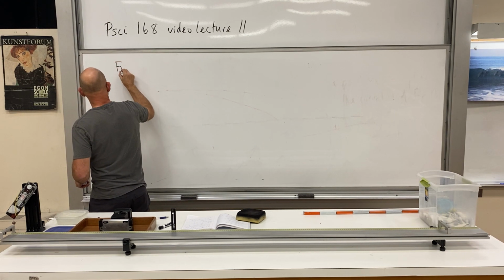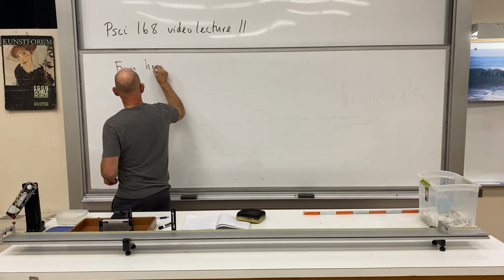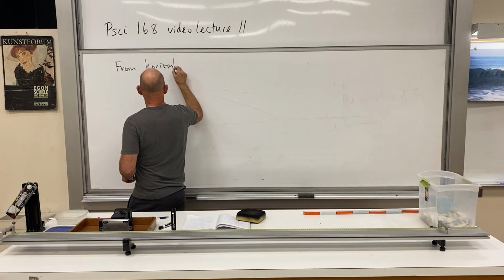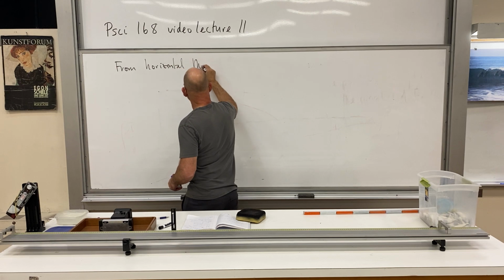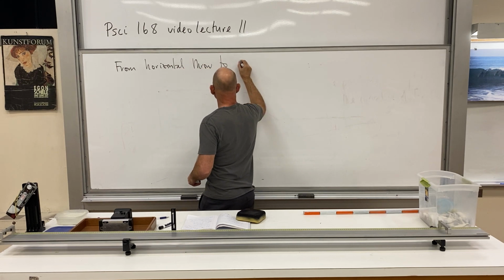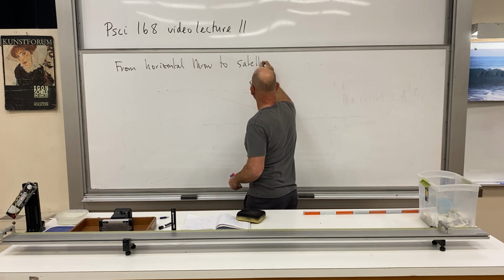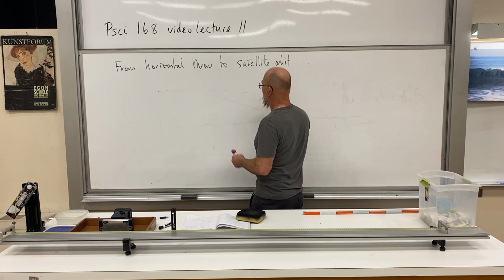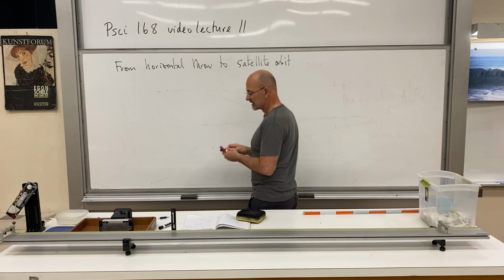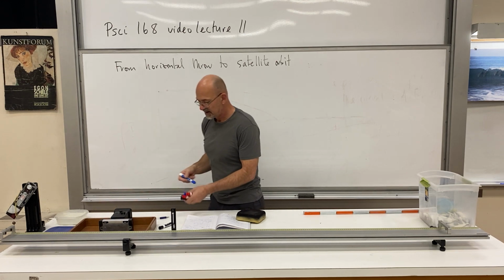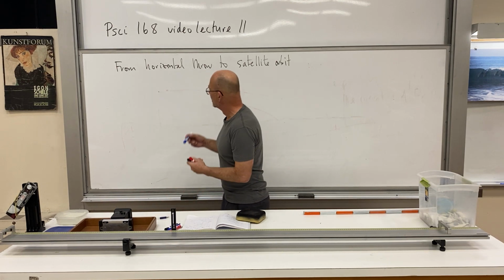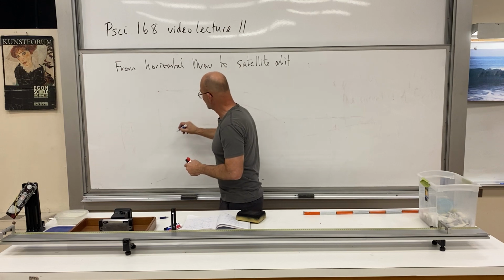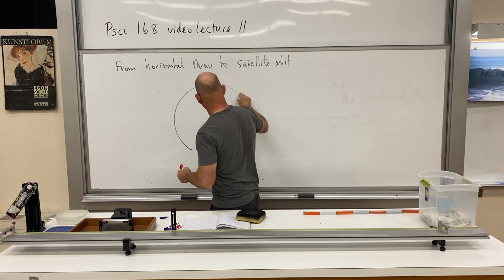From horizontal throw to satellite orbit. So let's see, we're going to draw a sphere this time, or a circle.